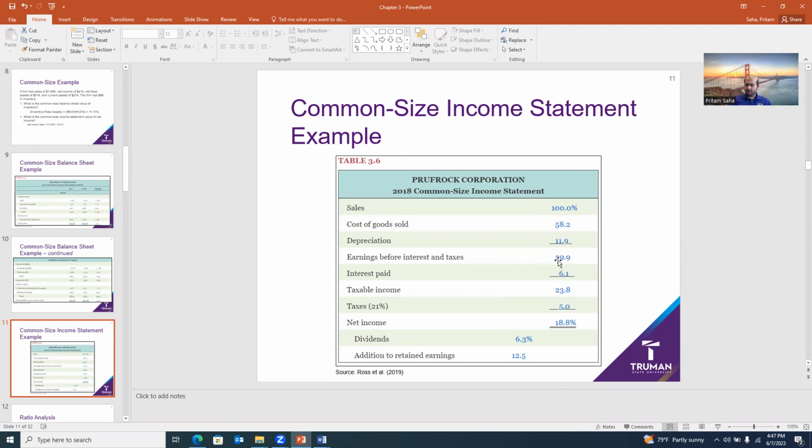From $100 of sales, they pay $6 worth of interest, then taxable income, taxes paid, and net income. And from this net income, what do they do? Dividends and addition to retained earnings. If you sum these two up, 18.8. Makes sense? Any questions, feel free to reach out to me.